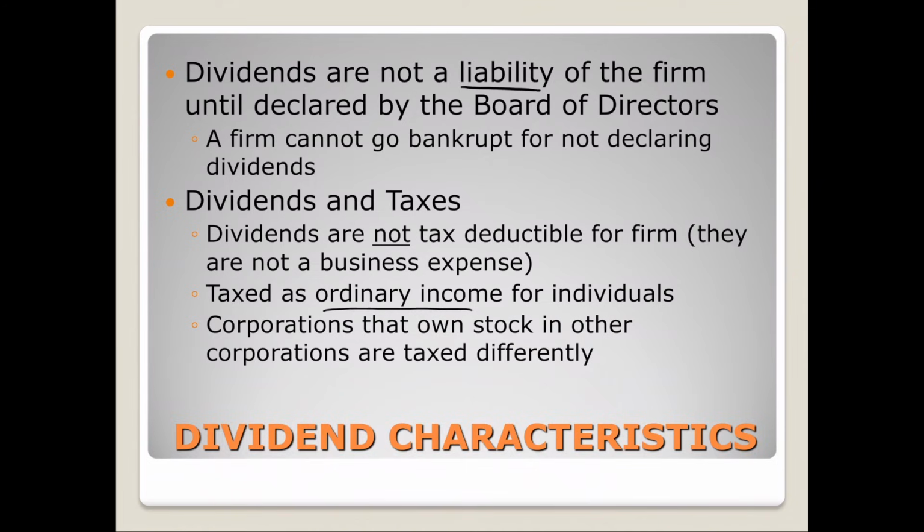With individual ownership you have the double taxation, but with corporations that own stock in other corporations, you may be able to not pay taxes on the entire amount of the dividends. So that's common stock, a general quick overview. This is the type of stock that you're probably most familiar with, purchasing on these different applications or with your financial advisor. But these are some basic characteristics of common stock.